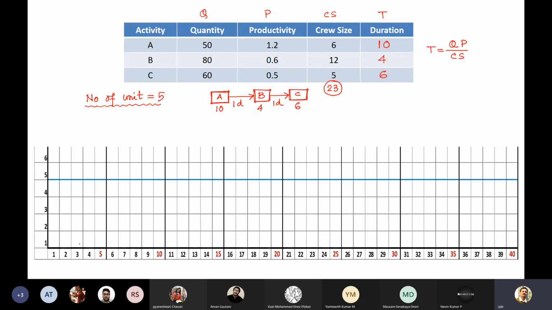So suppose this is my 10. The end of the first activity will be somewhere here. So this will be 10 plus 4 into 10, so 50, right?